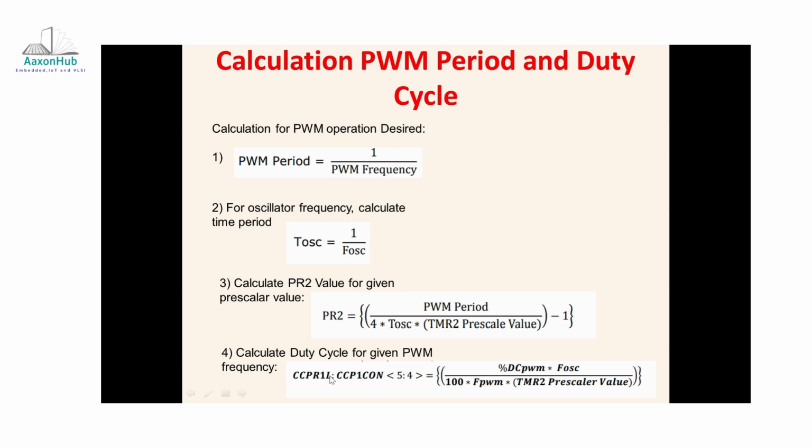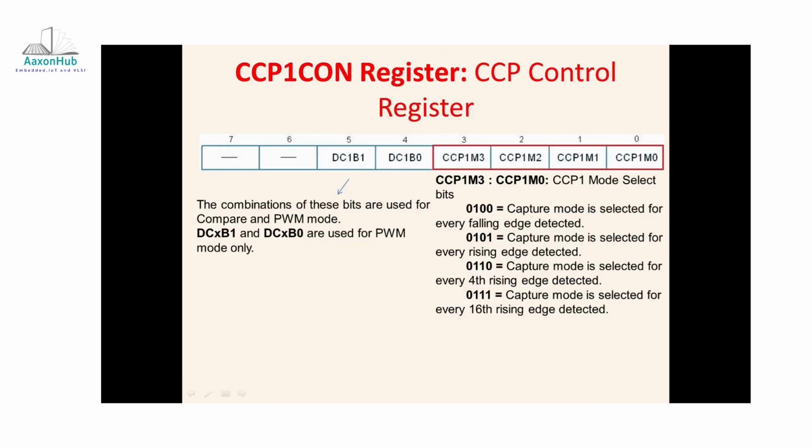Maybe in the form of the L register or maybe the H register. So more specifically, this register requires 2 bits and this register will be loaded with the 8-bit data. The answer you get after calculating the duty cycle, the lower 2 bits are loaded here in the CCP1CON register.